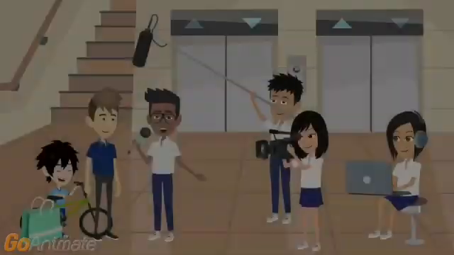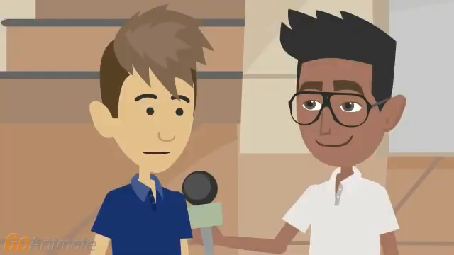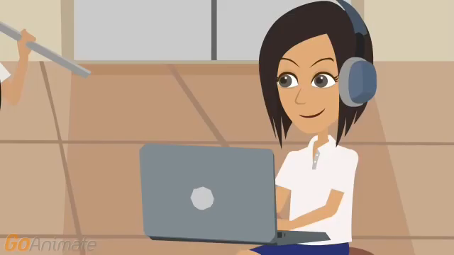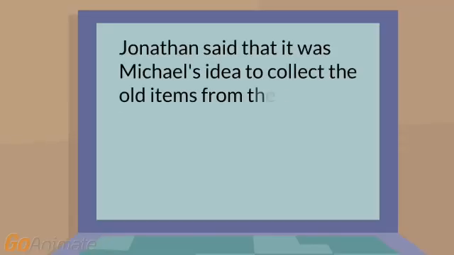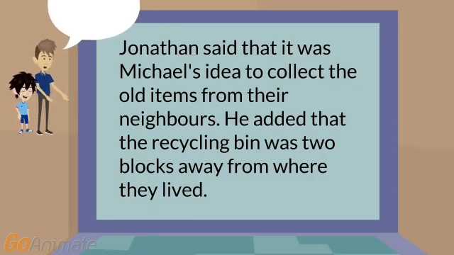Action. Whose idea is it to collect old newspapers and other items from your neighbors? It is Michael's idea to collect the old items from our neighbors. The recycling bin is 2 blocks away from where we live. Listen carefully to the interview, and compare what is said with what Sarah types on her laptop.